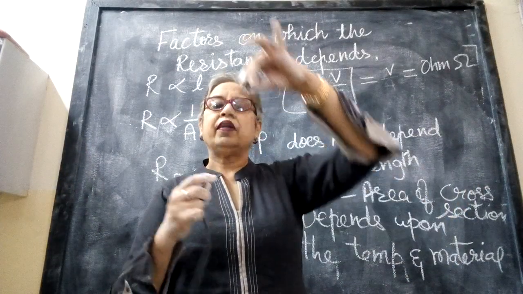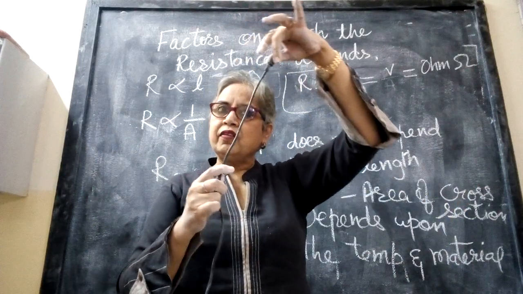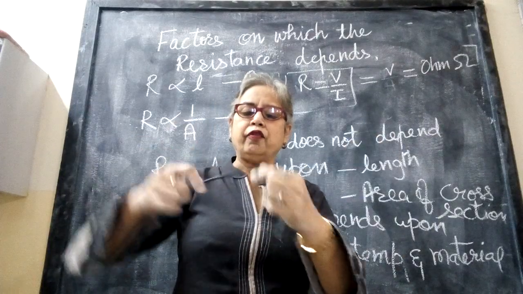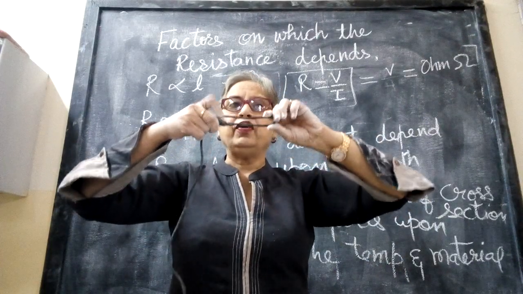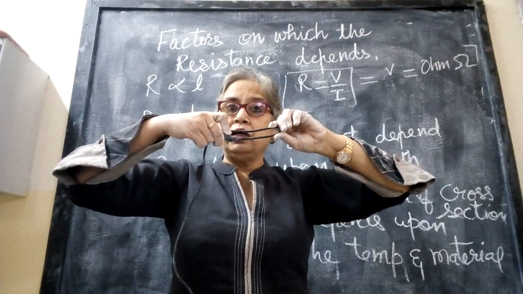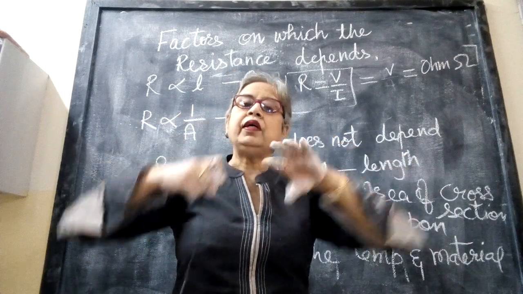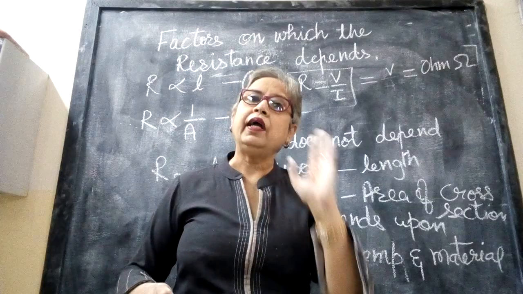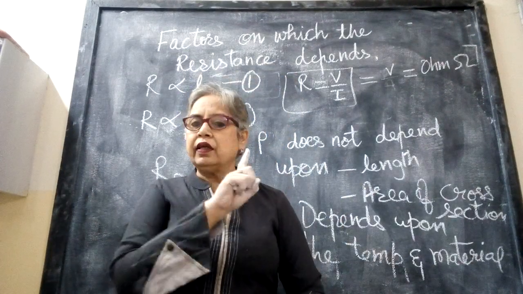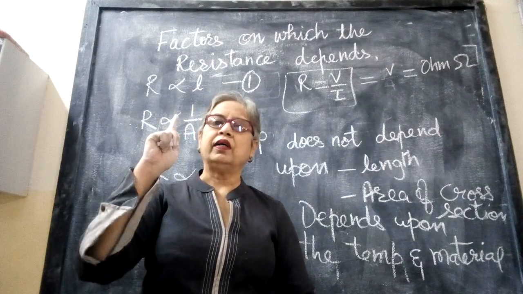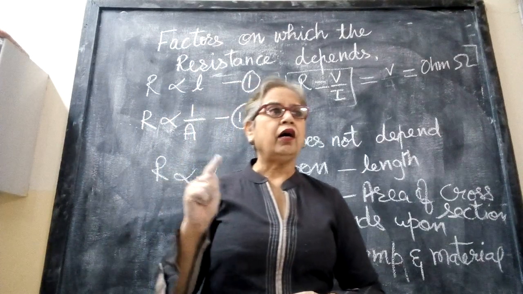Okay. Then I say that this is a wire with resistivity rho and I fold it. Now its length has become half, area has become double. Then what is its resistivity? No change. It will again remain same because resistivity does not depend upon the length or the area of cross section.